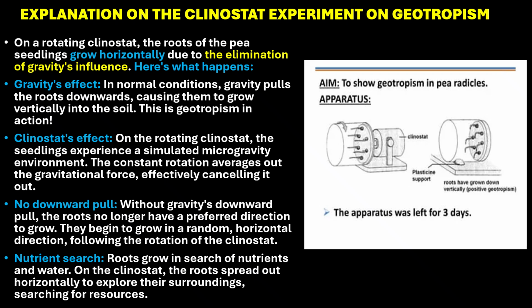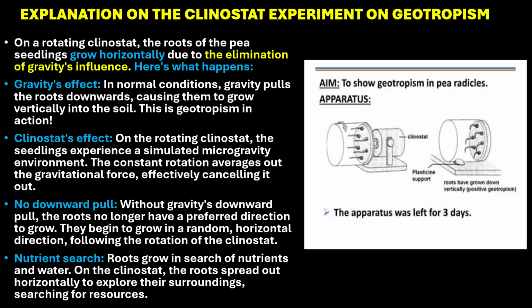Remember, in the roots, more auxins means less growth. Less auxins means more growth. As we leave it this way without rotation, gravity will pull down the auxins to the lower side, and the upper side will lack auxins. And when there are fewer auxins in the root, growth is stimulated.